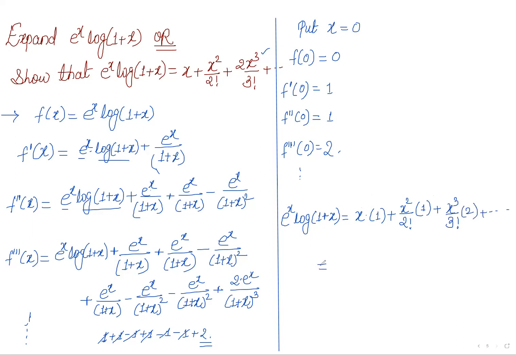So finally we get that the expansion of e raised to x into log of 1 plus x is equal to x plus x square by 2 factorial plus 2 into x cube by 3 factorial and so on. Okay, and here the question, show that, is verified. Everyone understood this? Yes, ma'am.